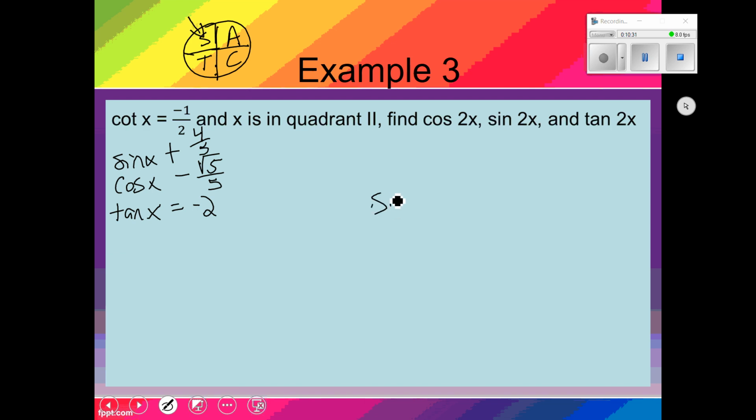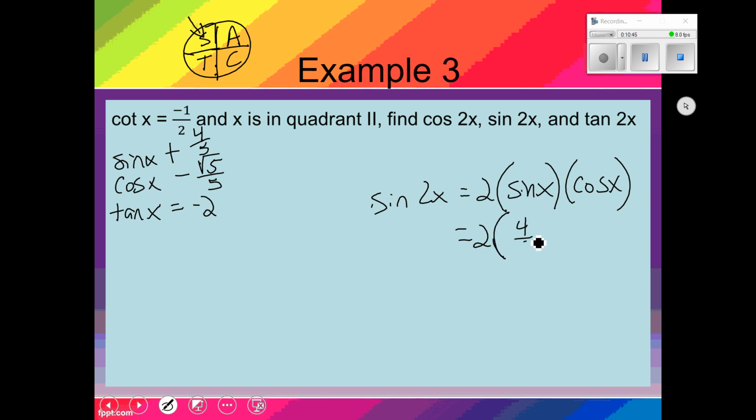I'm going to start with the sine of 2x is equal to 2 times sine of x times cosine of x. So that's going to be 2 times 4/5 times negative square root of 5 over 5.